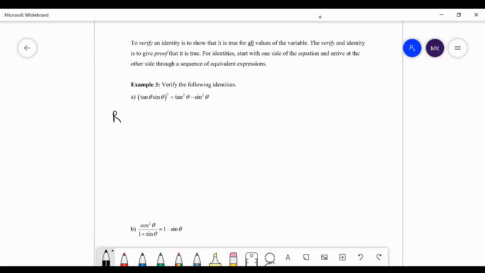So I'm going to start with the right-hand side, and the first thing I'm going to do is convert into fractions. I'm going to change tangent squared theta to be sine squared theta over cosine squared theta minus sine squared theta over 1.